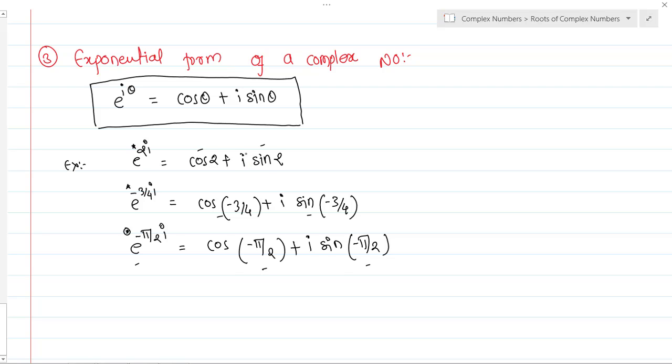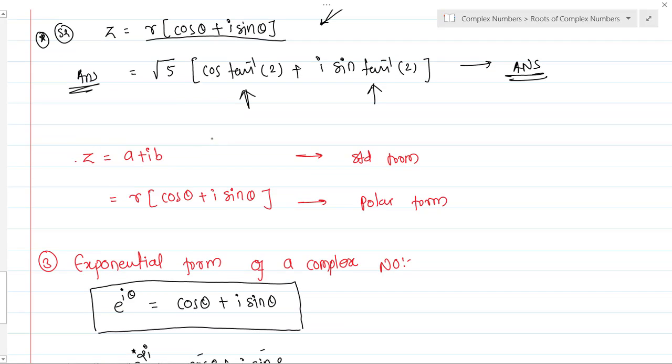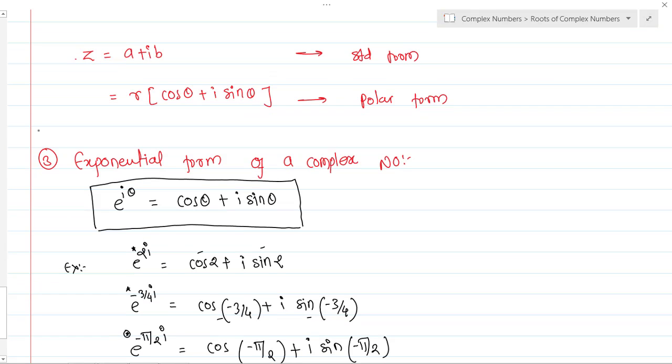Now see here, in the second form, which is nothing but the polar form of the complex number, what you have? Cos theta plus I sin theta. So can I replace this cos theta plus I sin theta with e raised to I theta? Because we have seen that the e raised to I theta's definition is nothing but cos theta plus I sin theta.